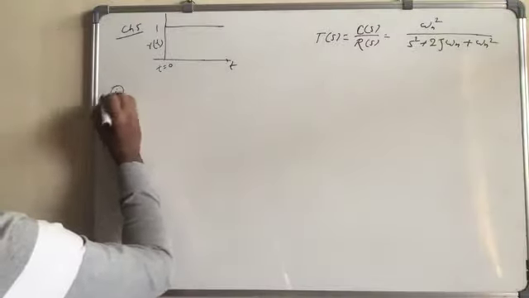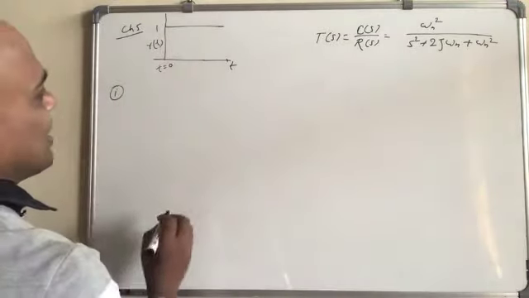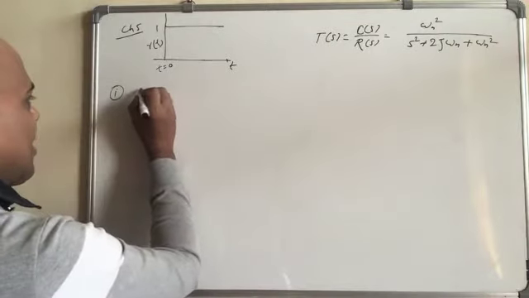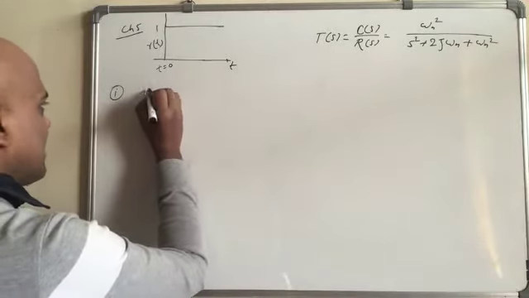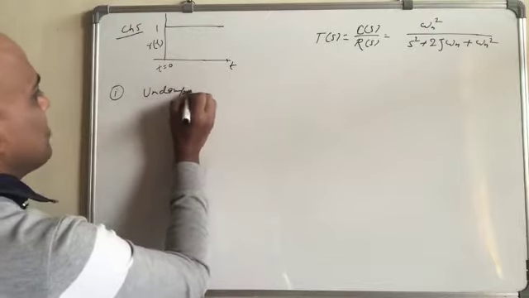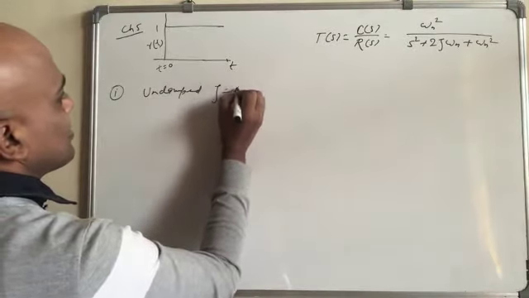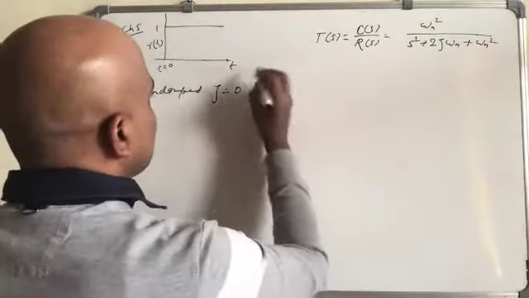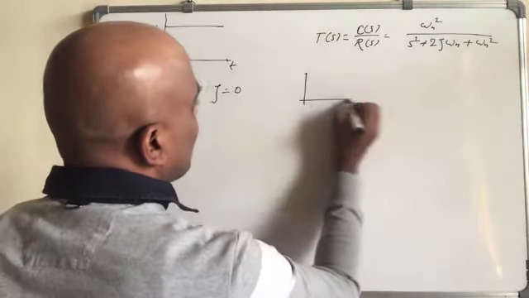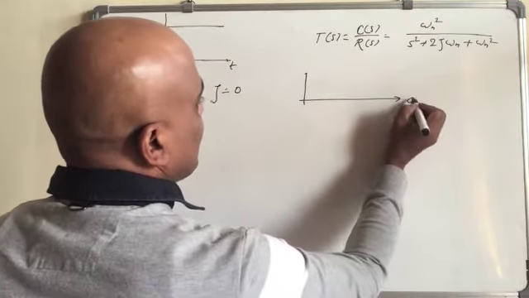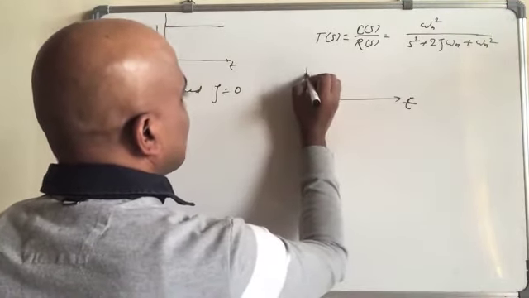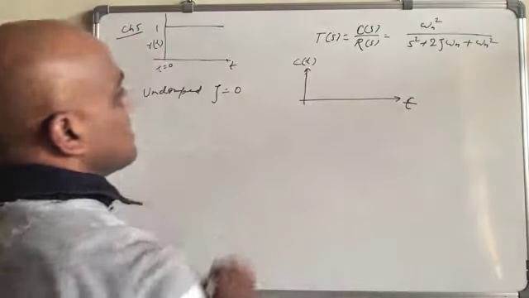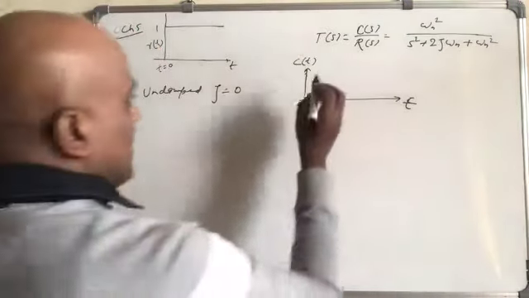The first condition, this is how r(t) looks. The first condition was undamped, and that means zeta equal to 0, and in that case we know that this has to be oscillatory. So the output c(t), if you want to plot, this is t and this is c(t).